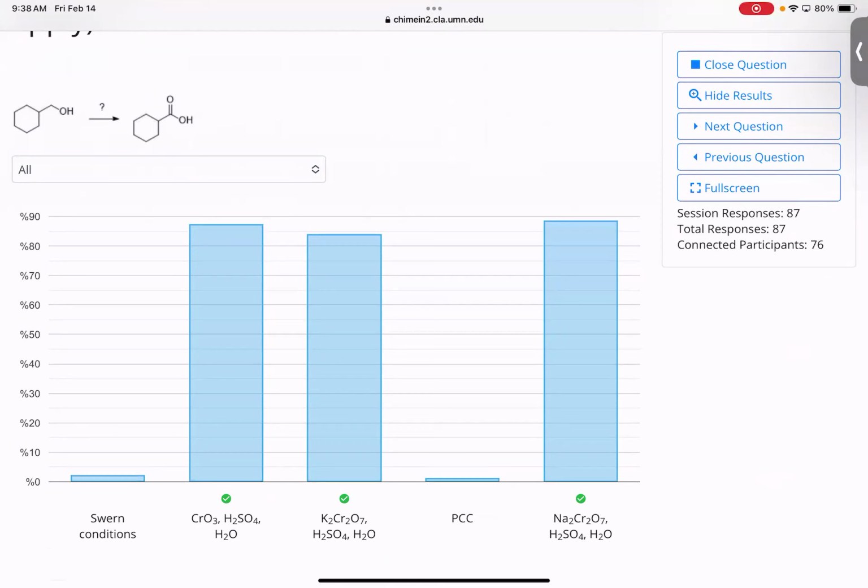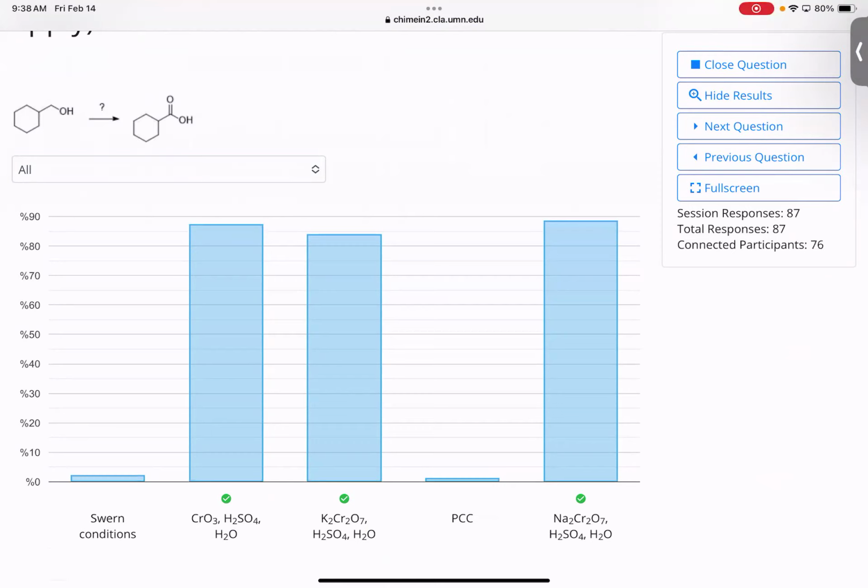Okay, great. So kind of summarizing our chime-in questions. In our first example, we had a secondary alcohol. In that chime-in question, everyone did a great job of saying, no matter what the oxidant is, we're always going to go to the ketone if we do not have a primary alcohol.